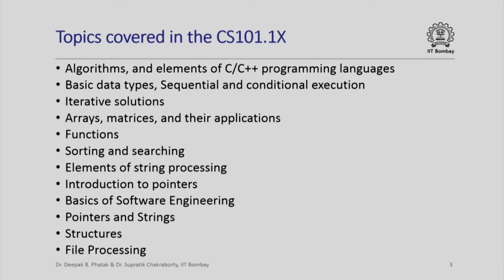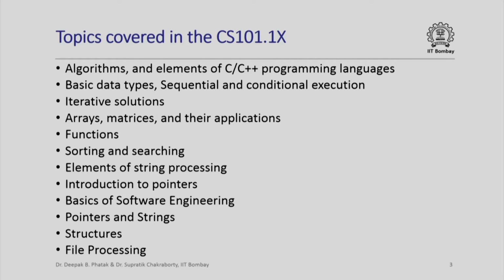Just to help you, we are listing here the topics which were covered in the first part. We began with the notion of algorithms. We studied the elements of C and C++ programming languages there. In particular, we looked at the basic data types, sequential and conditional execution of programming statements, iterative solutions. Then we looked at data structures such as arrays and matrices and studied their applications.